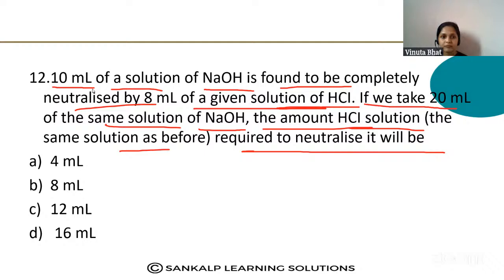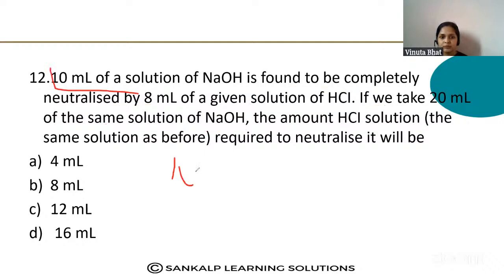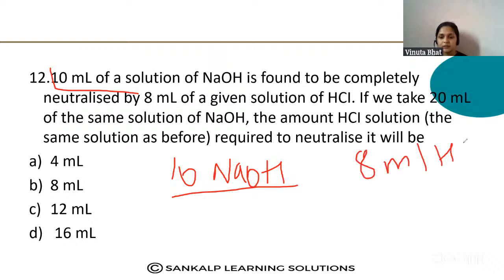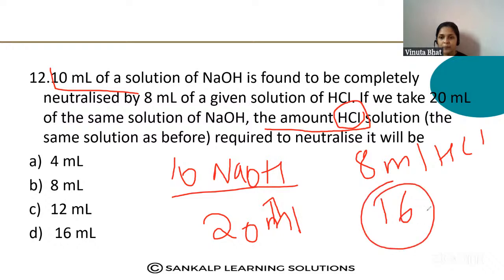Here, 10 ml of NaOH is required to completely neutralize the 8 ml of the HCl. If we take 20 ml of the same NaOH, how much of the same HCl is required? That is double, 16 ml. The correct answer is D.